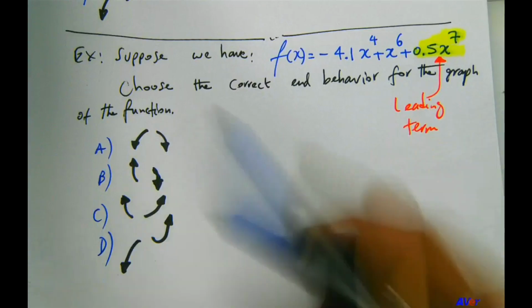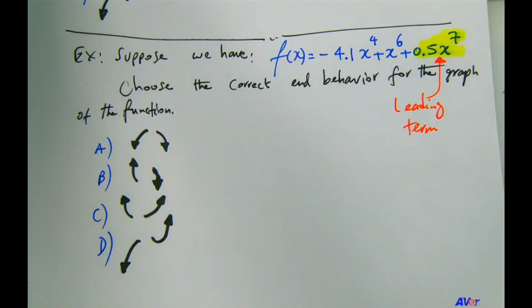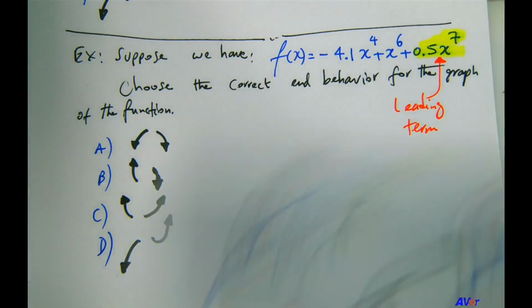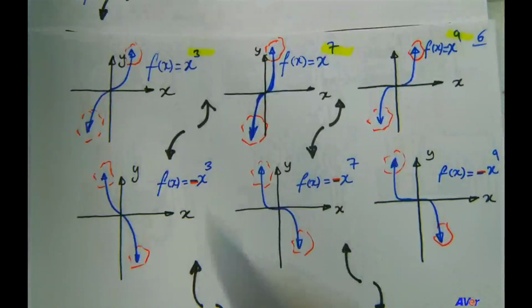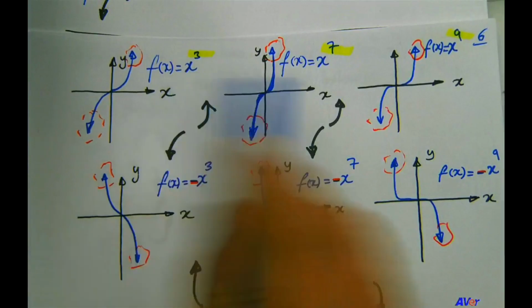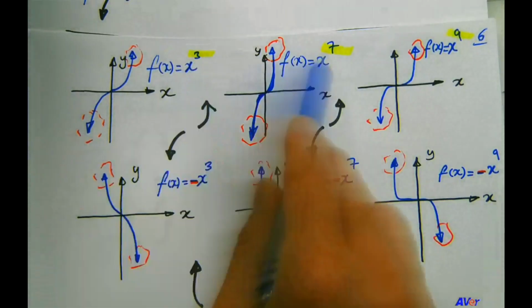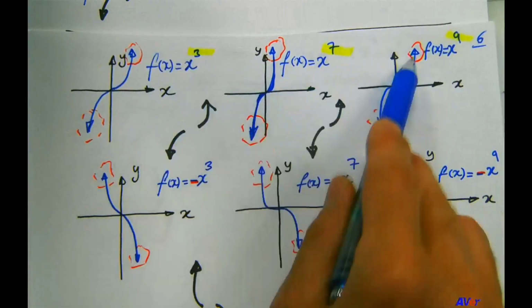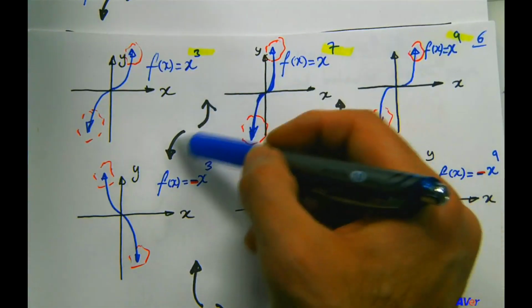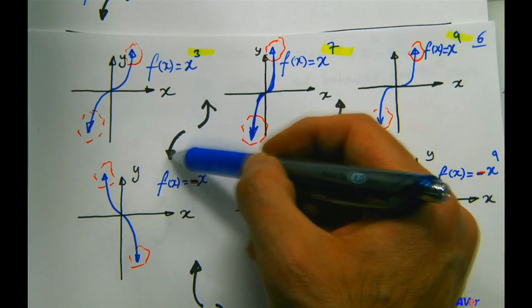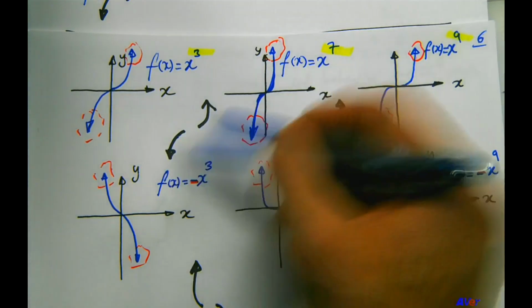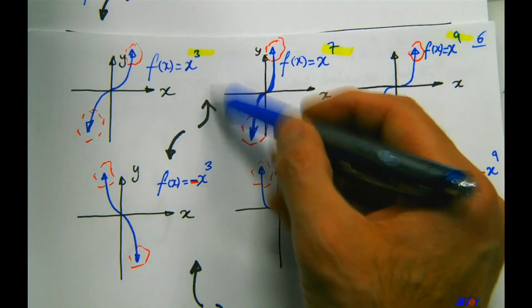What do you think? Well, we learned in the previous slide that if the coefficient of the leading term with odd power is positive, then the left end is pointing downward and the right end is pointing up.